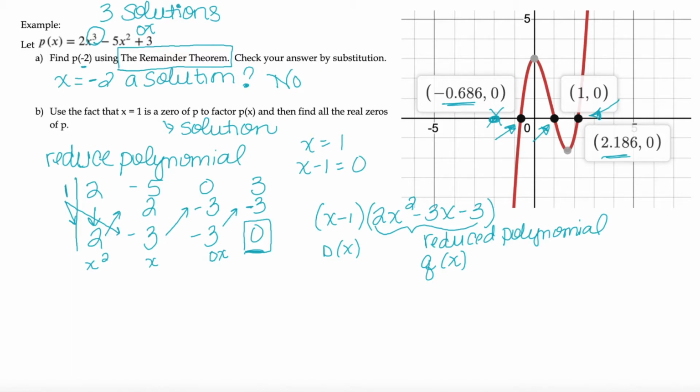But how can we utilize 2x squared minus 3x minus 3? How are we going to find the solutions for those pieces themselves? We can utilize the quadratic formula to find the last two solutions.